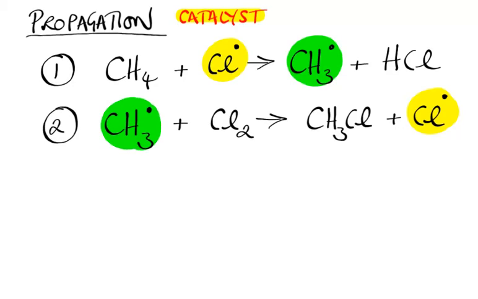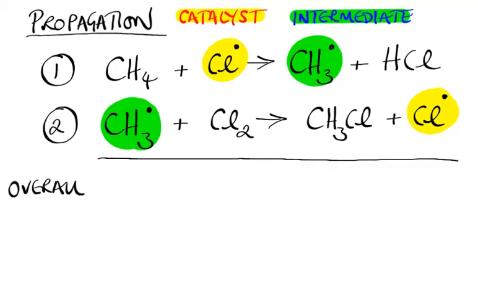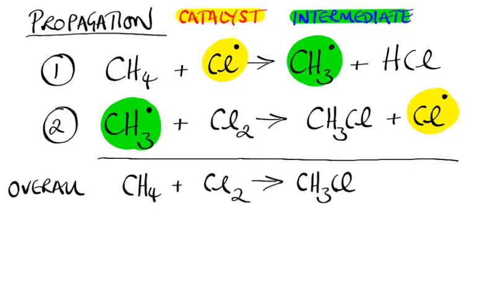That makes the methyl radicals an intermediate. And if we remove the catalyst and the intermediate from the overall reaction, we're left with methane, chlorine makes chloromethane and hydrogen chloride.